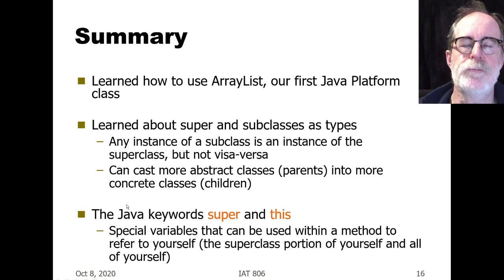We also spoke of the Java keywords super and this, and these are special variables that can be used within a method to refer to yourself, or in the case of super, to the superclass portion of this object. Okay, so that's about it for this lecture. I hope you enjoyed it, and that's the end of IAT806 Lecture 6.